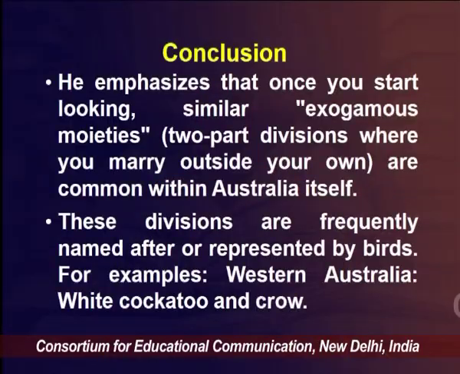So, we have gone through the understanding of Radcliffe-Brown, and he continues to broaden the scope of the comparative method, moving beyond the direct Australian-Haida parallel to explore patterns within Australia, and then introduces a new type of dichotomy of society represented by birds. Radcliffe-Brown emphasizes that once you start looking, you find similar exogamous moieties, which we know means division of the society into two parts, with a rule for not marrying the other group.